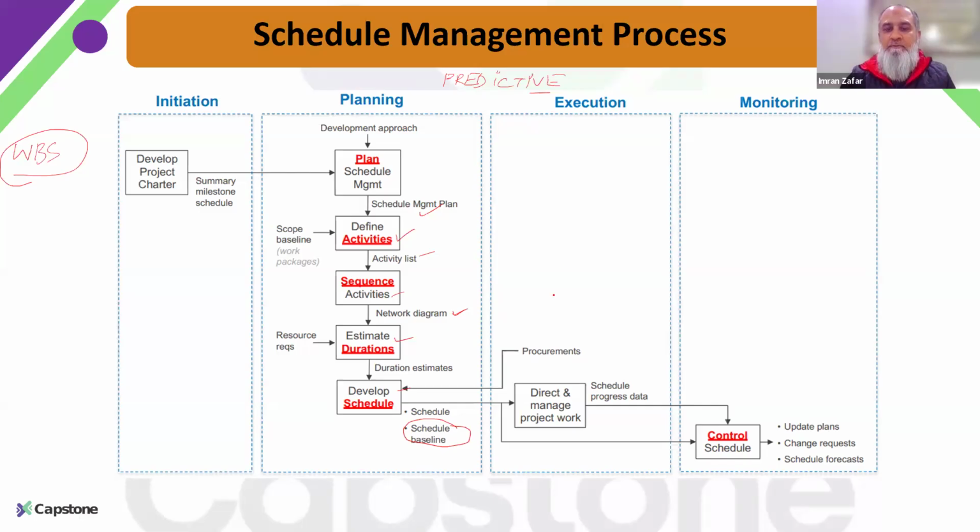In execution, there is no particular process, because in direct and manage project work we follow the schedule. In monitoring and controlling, we have the control schedule process, where we do plan versus actual calculations. We see how we are progressing against our planned schedule, and course correct any deviations and any challenges that we are facing. So this is what the entire schedule management process is all about.